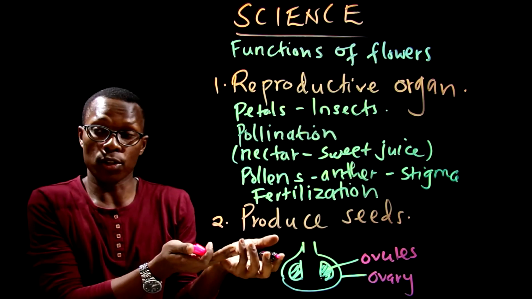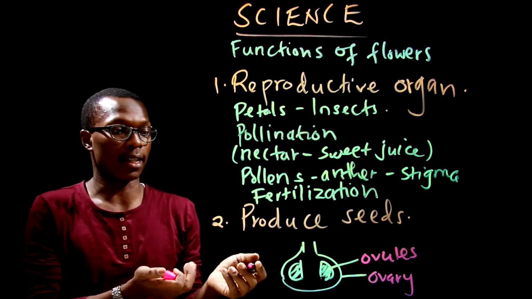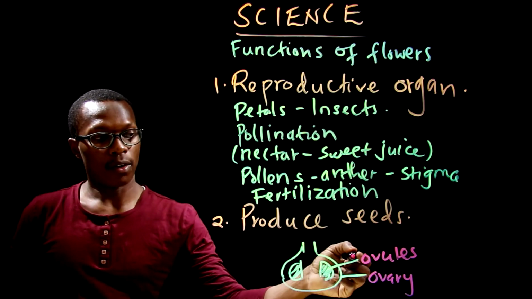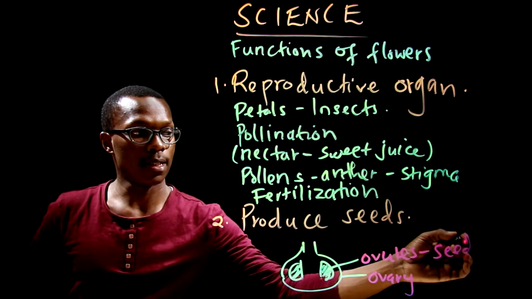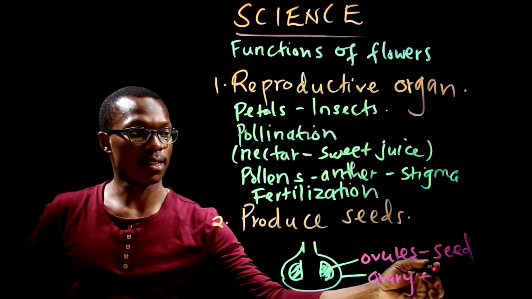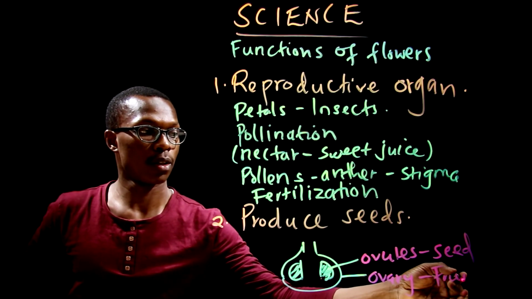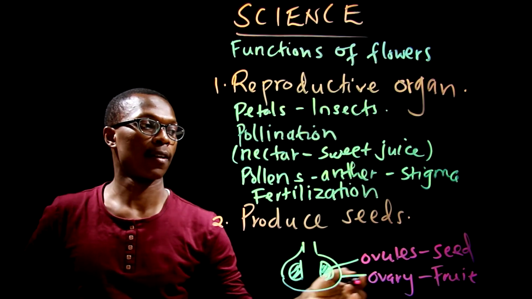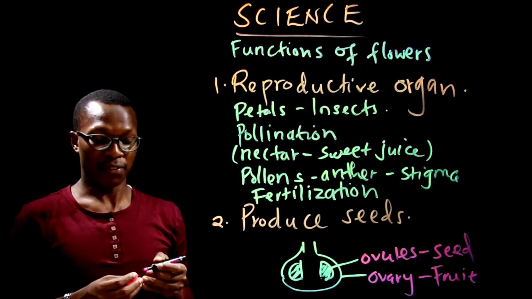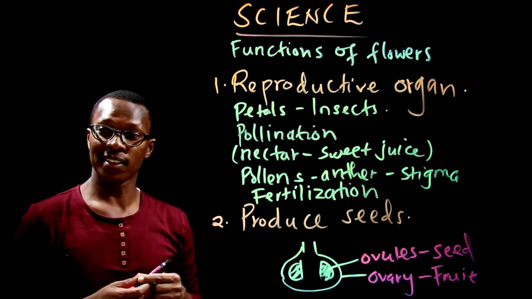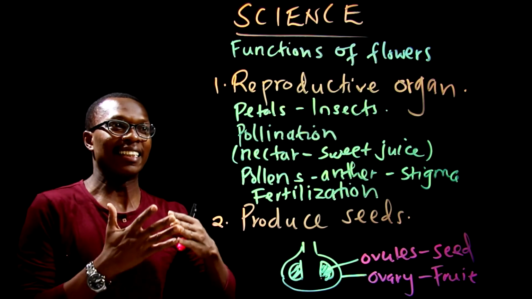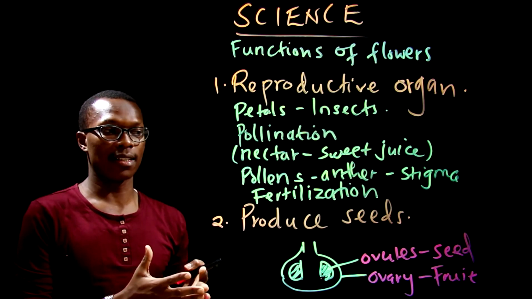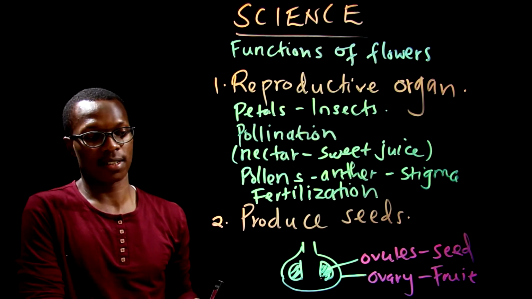This is a flower, and this is also part of a flower. I'm sure you have learned about that, right? Now, inside we have the ovules. This ovule is the one that will develop into a seed, and the ovary is the one that will develop into a fruit. So you can see the fruits that you eat come from a flower. It's simply a flower that developed into a seed and also developed into a fruit.